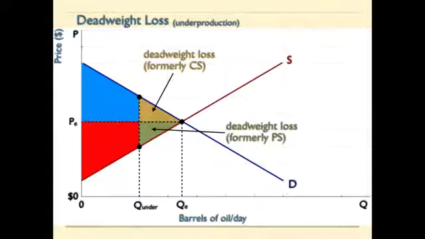So make sure you realize that originally this region delineated by the demand curve and the supply curve used to be total surplus. These two triangles denote the loss of consumer surplus and the loss of producer surplus that is occurring because of the underproduction relative to the equilibrium output level in this particular market.